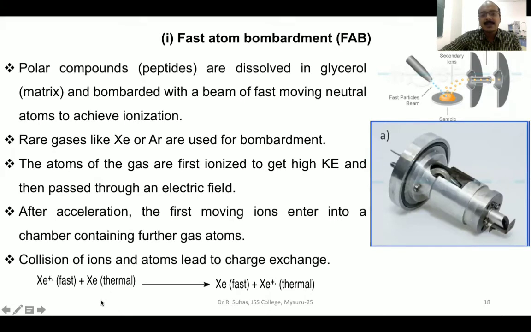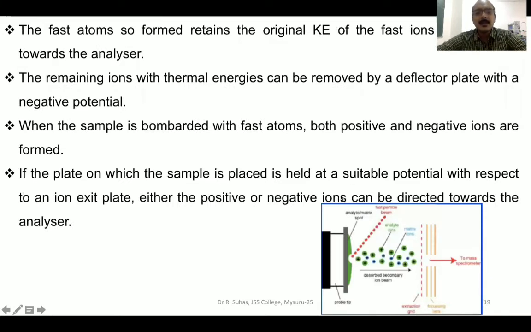Once the acceleration is done, there will be an exchange between these two. Look here, the plus radical shifts here and the normal neutral shifts here. So xenon fast will become xenon thermal, and xenon thermal will become xenon fast. So collision of ions and atoms leads to charge exchange. This is what is represented here.